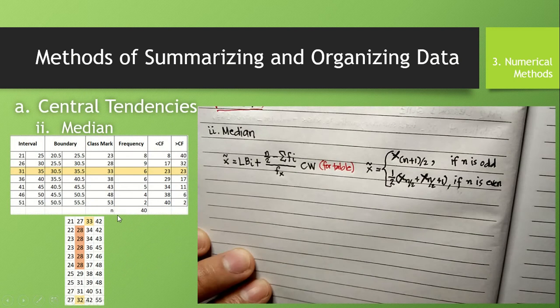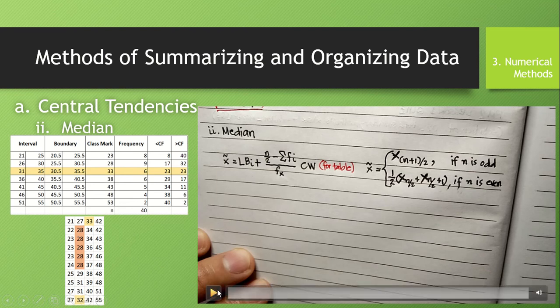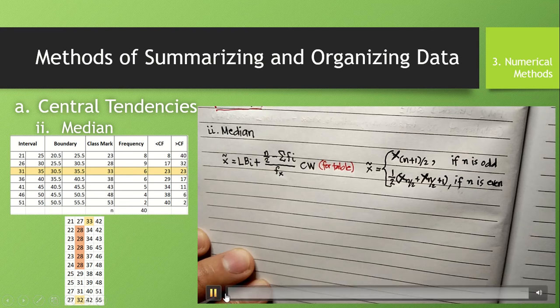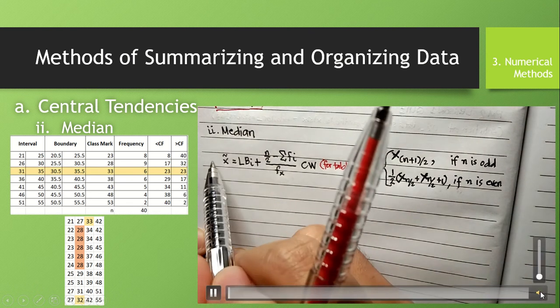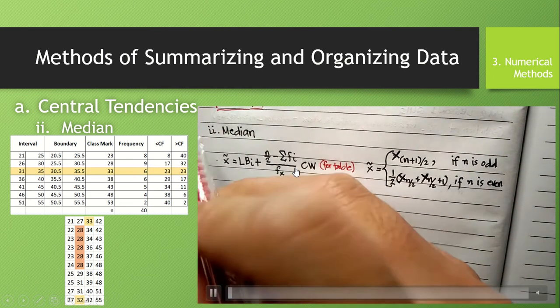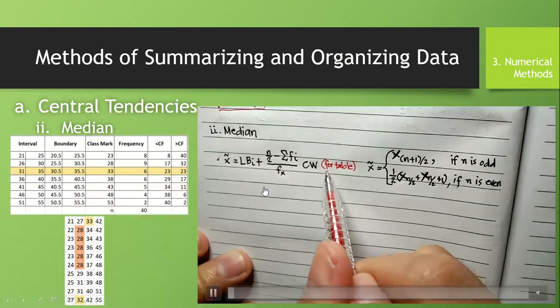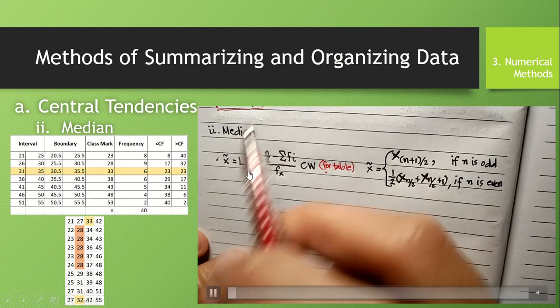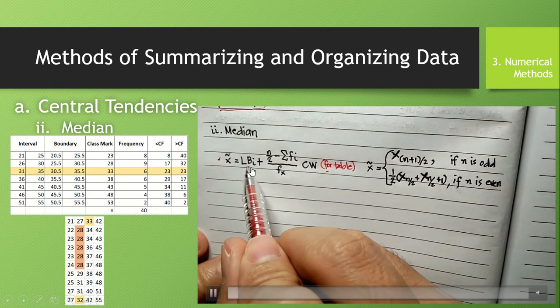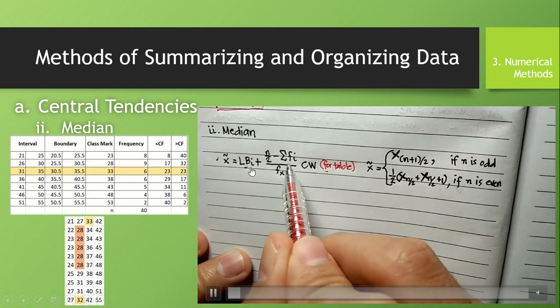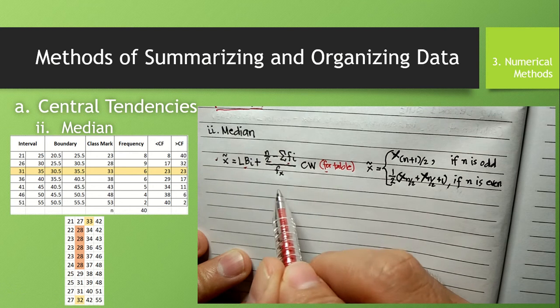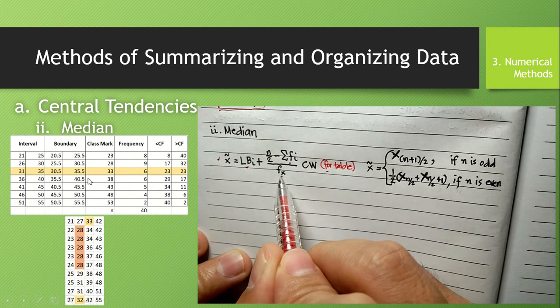Then let's have this example. If you will recall our data, let's start with the grouped data. Remember that LB sub i is the lower class boundary of the median class.